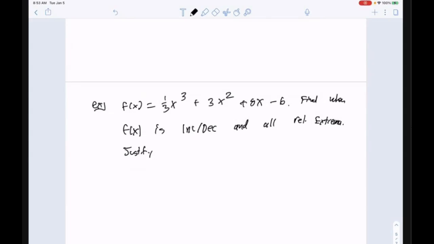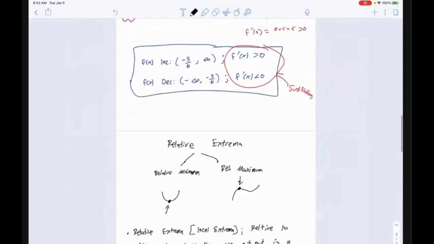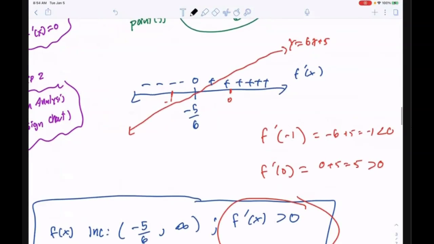To find relative extrema, you have to find when the function is increasing and decreasing. Let me go back to the previous problem. Is there a relative extrema in the previous example, using that sign chart? I want to hear at least 2 responses.